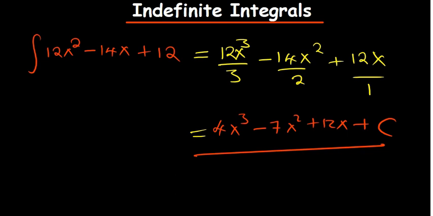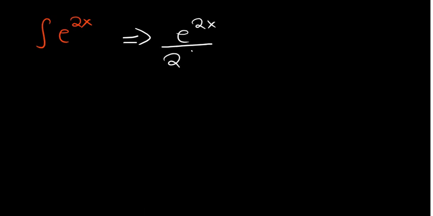You may have other examples that you've looked at, other different types of integrals. So for example, the integral of exponentials: what you basically do is divide by the derivative of the power. So e to the power 2x, we will divide by 2, and then of course natural log of the base, which in this case is e.